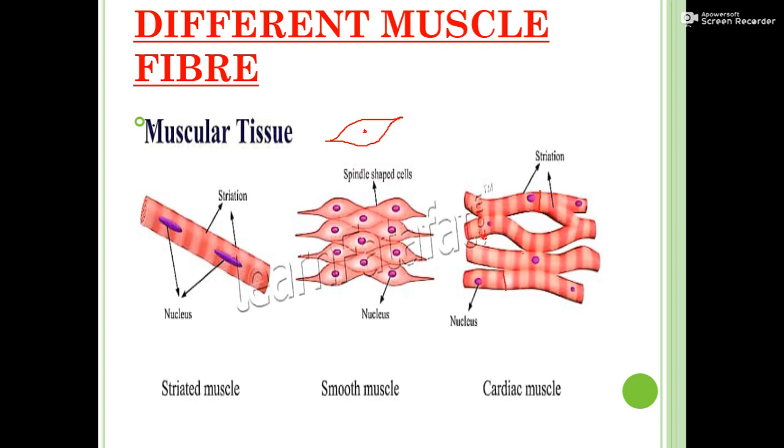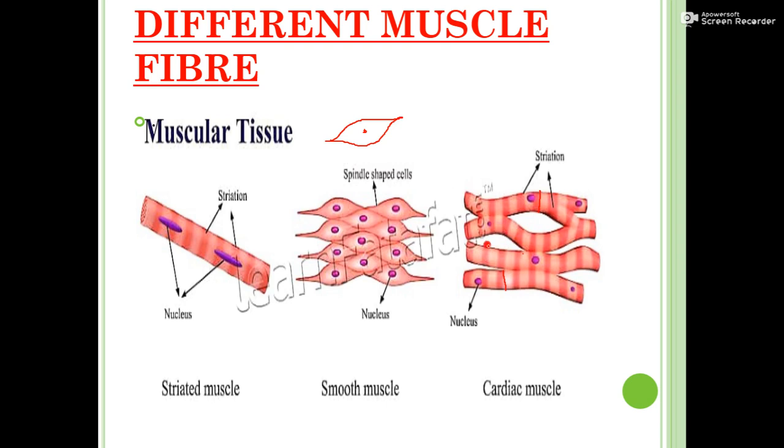A very important thing that I want to tell you about the cardiac muscle: if we want to differentiate between the striated muscle and the cardiac muscle, then one important feature which is only and only present in cardiac muscle but not in the striated muscle is the intercalated disc.